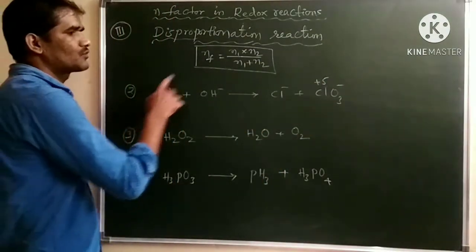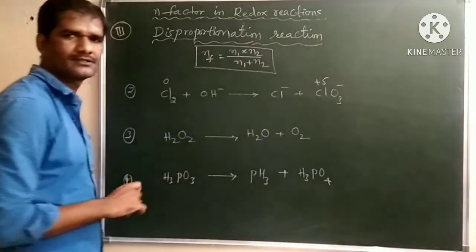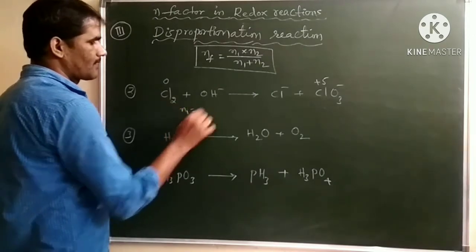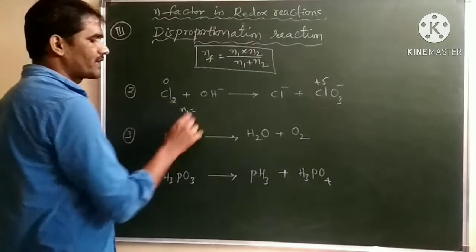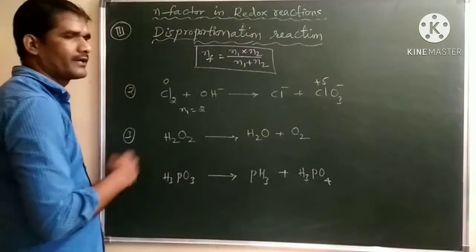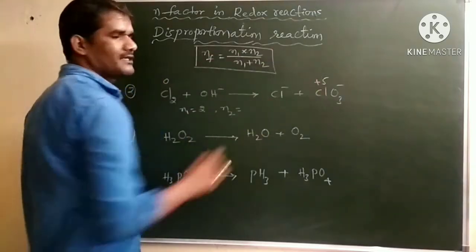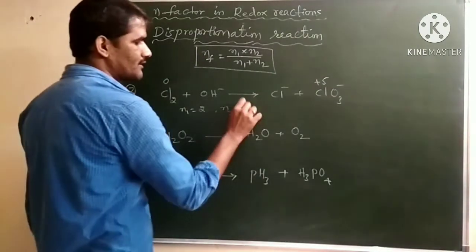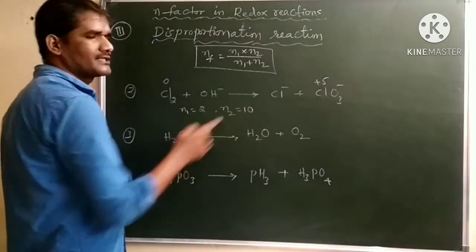Now 0 to -1 is decreasing oxidation state, 0 to +5 is increasing oxidation state. So now N1: 0 to -1, change is 1, but 2 chlorines are there, so overall change is 2 into 1, 2. Now N2: 0 to +5, change is 5, again 2 chlorines are there, 2 into 5, 10. So N1 is 2 and N2 is 10.